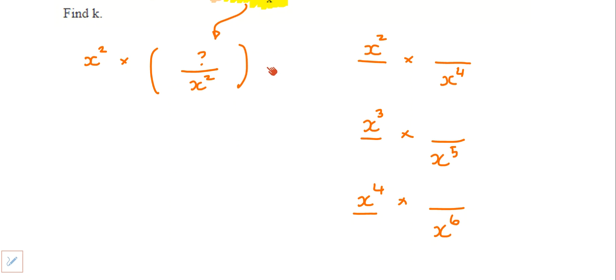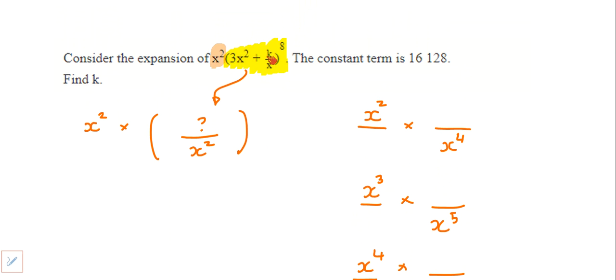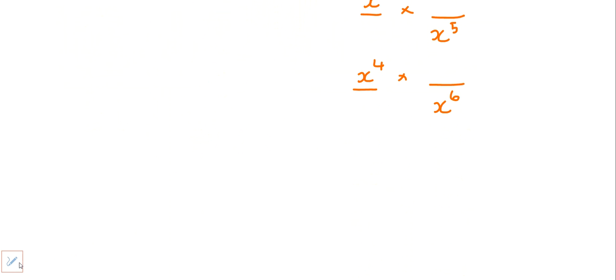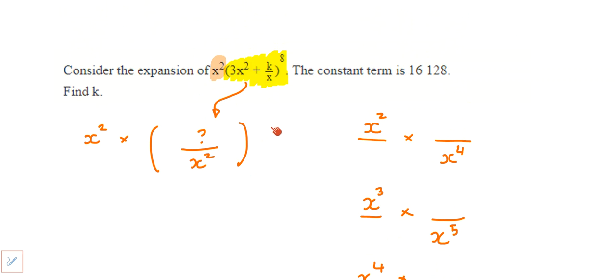But what we need to figure out is, yeah, okay, let's consider it. x to the power of 6, x to the power of 8, sorry. Which one can it be? So for instance, when we do our expansion, because this is an x squared already, this has to be the result of x to the power of 2 times something.